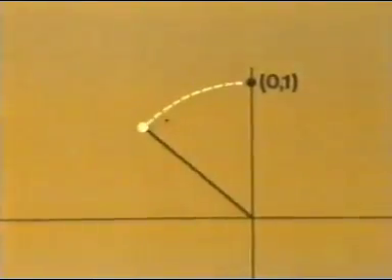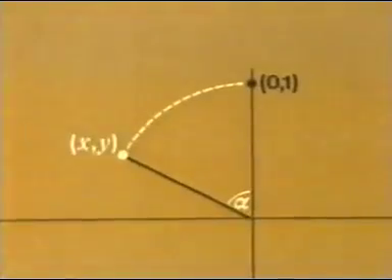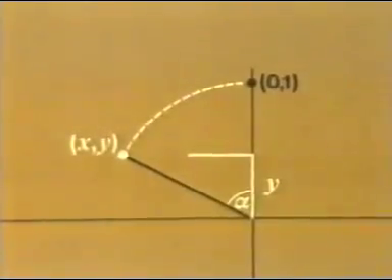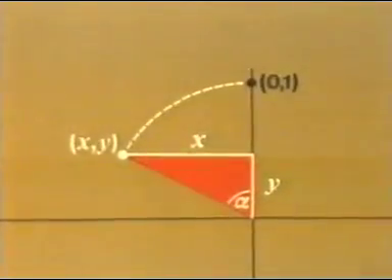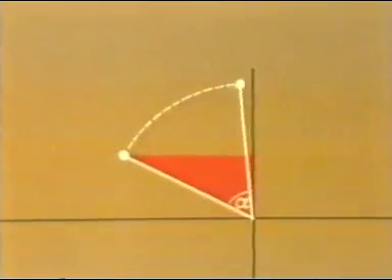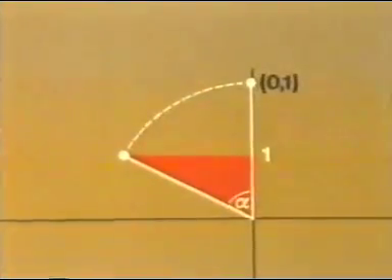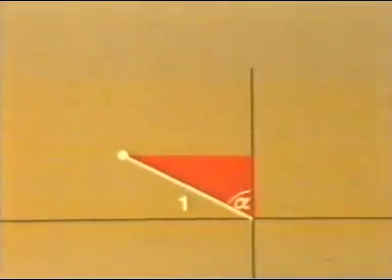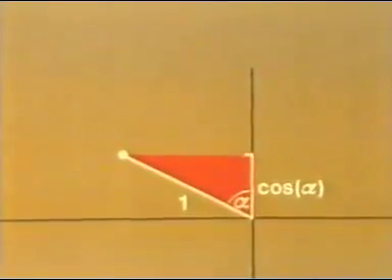Here's 0, 1. What are x and y this time? This is y, and this is x. So we work with this right-angled triangle. First, the hypotenuse. It comes from this distance, which is 1. This time, the vertical distance is the adjacent side, cos alpha.